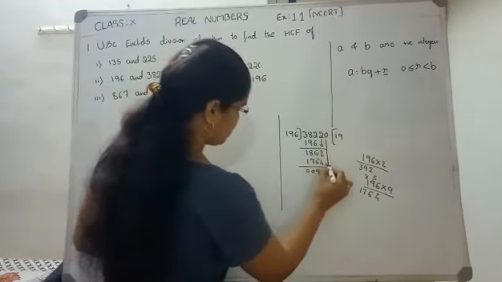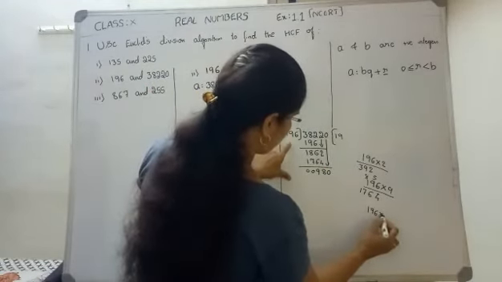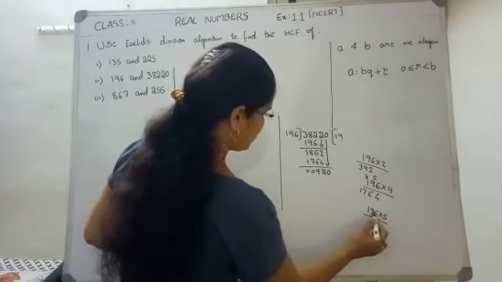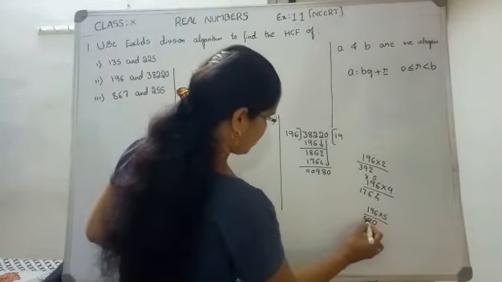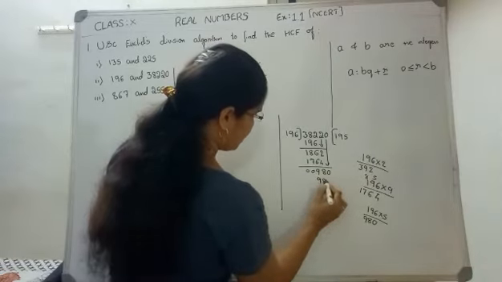Now you take this 0 down. 196 5s are 980.